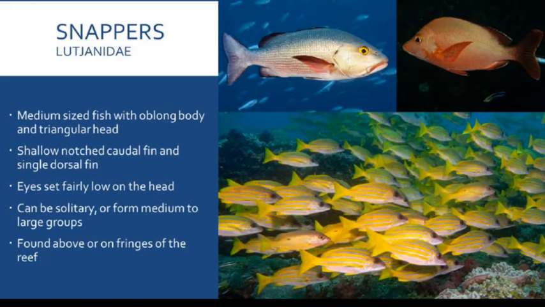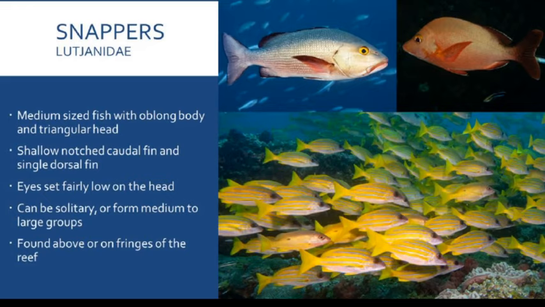One of our most common examples would be this red snapper over here. They tend to be more solitary, but then we've got our blue-banded snappers at the bottom here, and they tend to form those quite large groups. We often have other species of fish hanging around these guys as well, and we'll talk about them in a little bit.